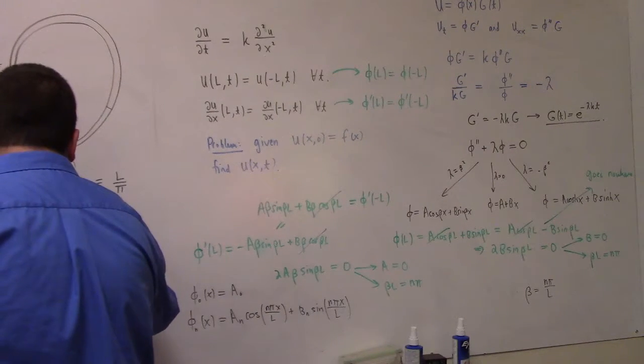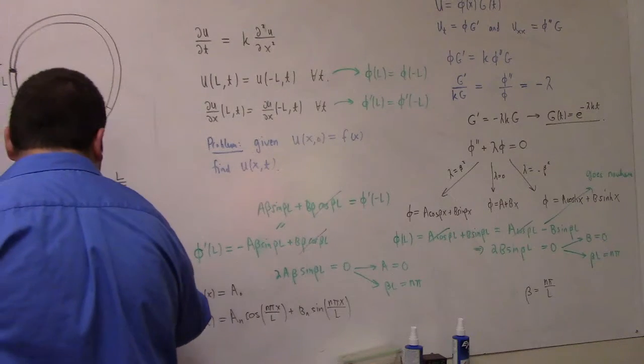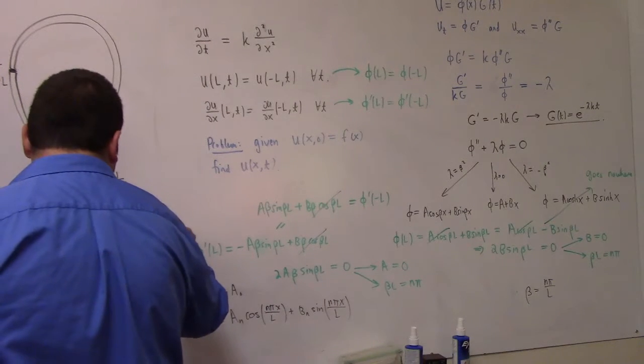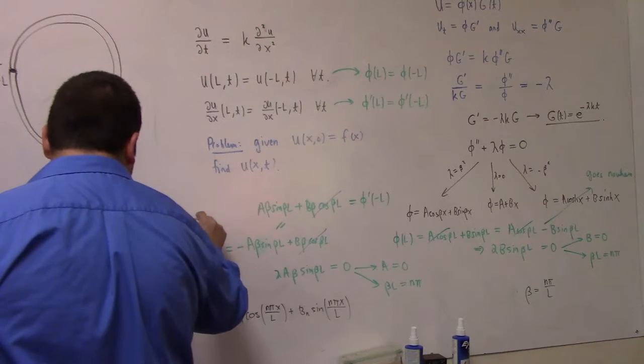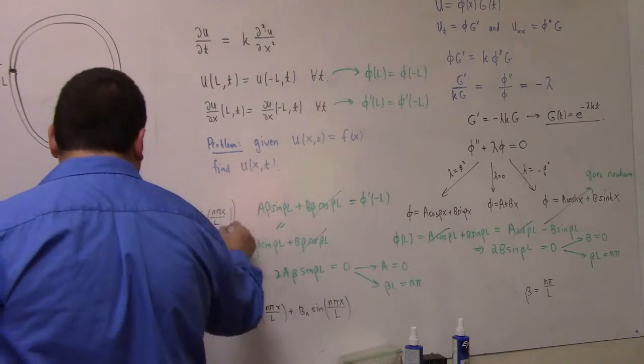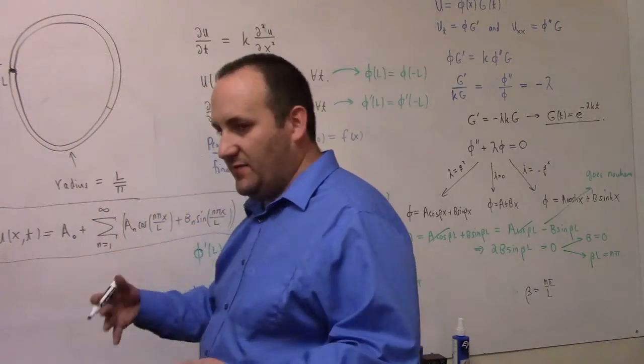A sub 0, plus the sum n equals 1 to infinity of appropriate coefficients. And so there you go, that's the general look of the solution.